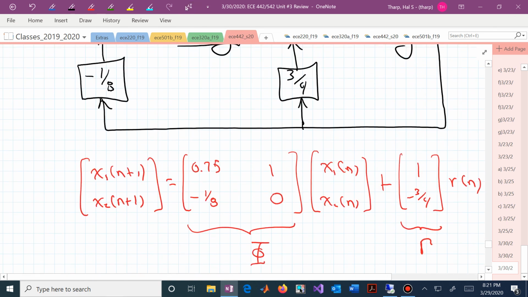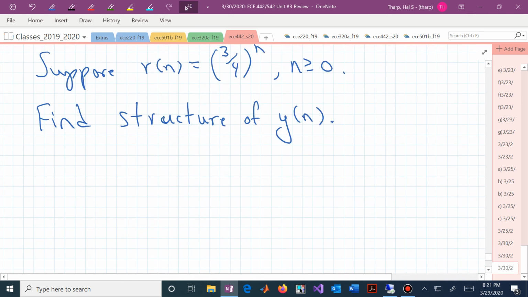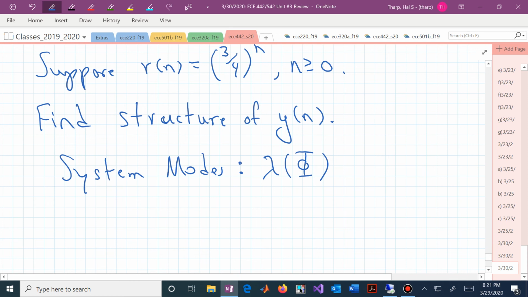Well, based on what we have, you could say, oh, all I need are the modes of that system. The system modes are in fact determined from the eigenvalues of phi, or they could be the denominator roots of T of z.